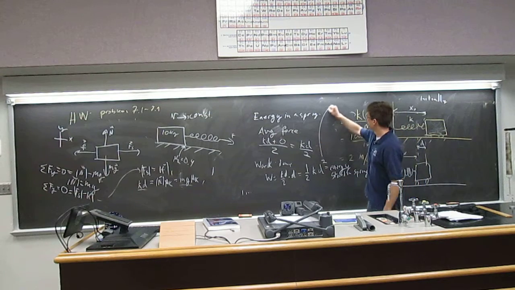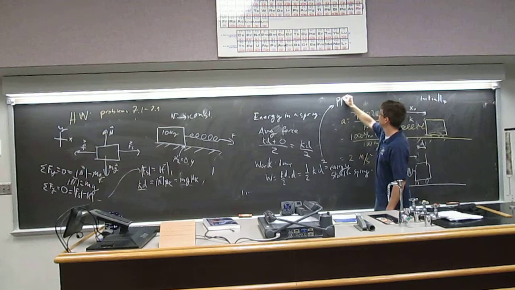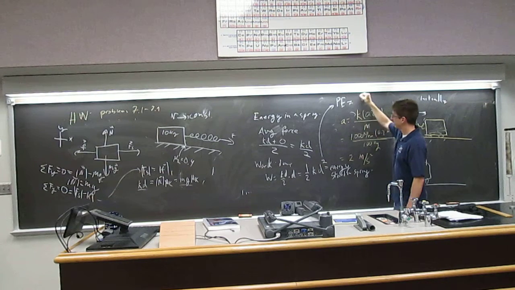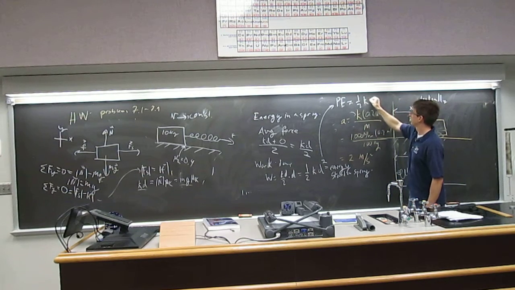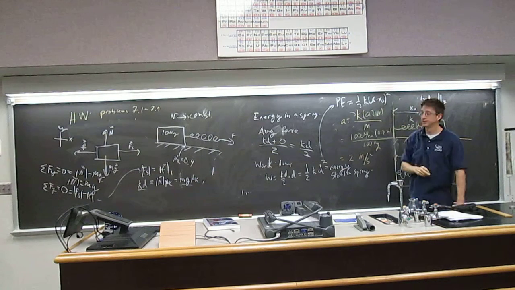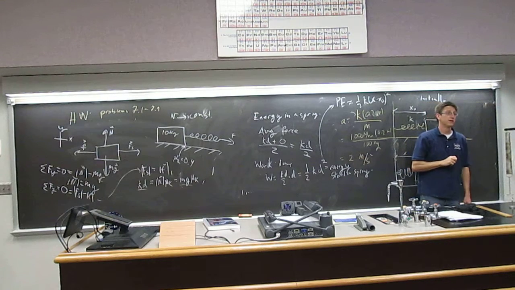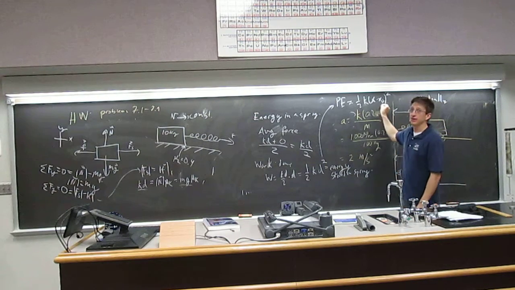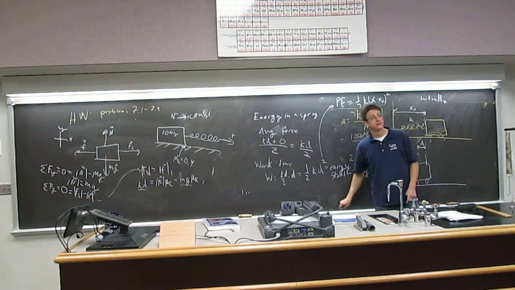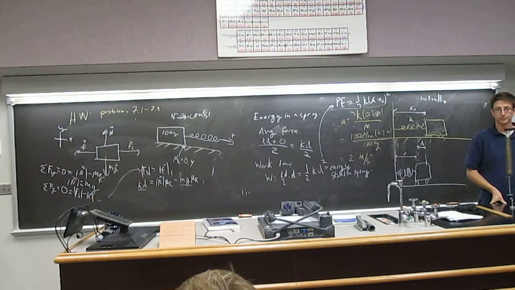And if I want to write that in terms of initial and final lengths, I could write that the potential energy, or energy stored in this spring, is 1/2 k times x minus unstretched length, squared. So I'll leave it at that and you guys can go. We'll do some examples next time.